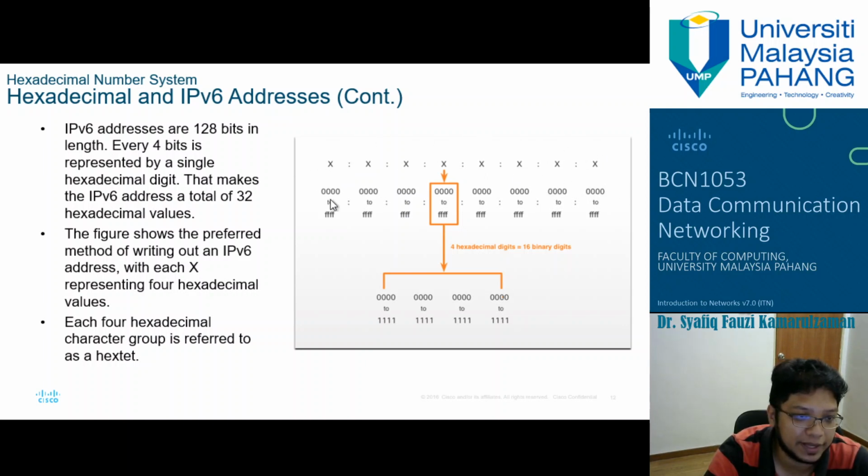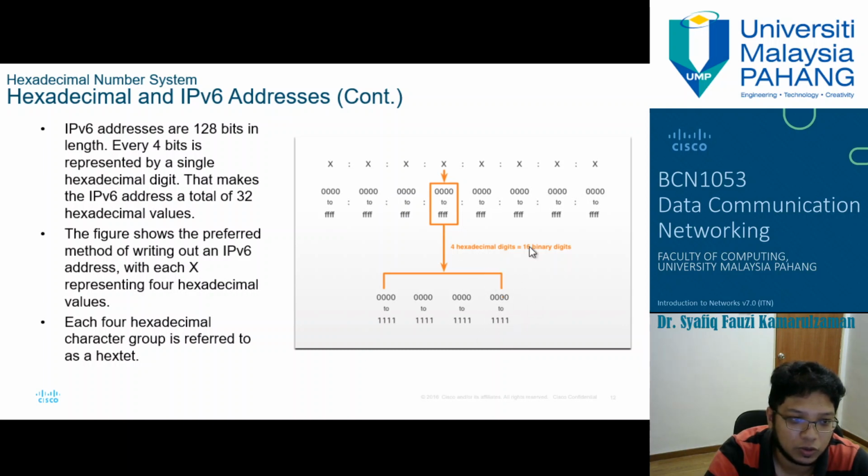So for 16 bits here, if you divide it by 4, you can get 4 sets of hexadecimal. So in case of this number 0000 to FFFF, you get possibility for the first hexadecimal number, representing 4 binary. The second one represented by another 4, the third one represented by another 4, and the fourth one represented by another 4.